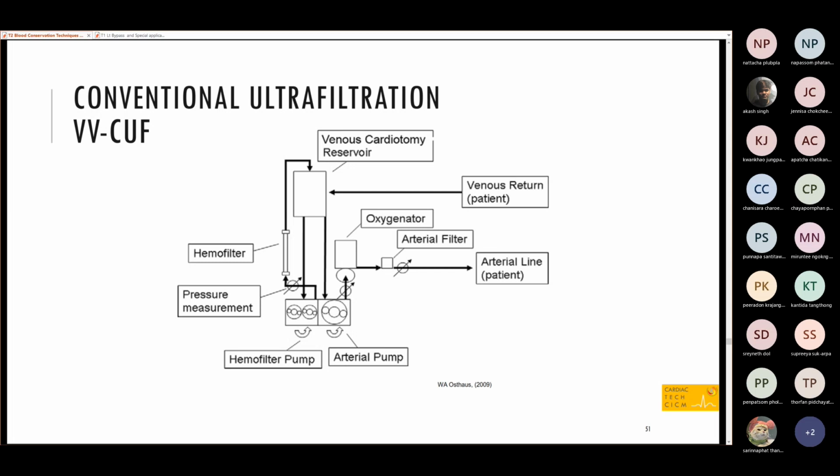So the pros and cons are that if we use another pump, it may carry a higher risk of hemolysis from the roller pump, and it's more costly. But it does not disturb the main pump flow. I mean, it can be individually controlled, right?